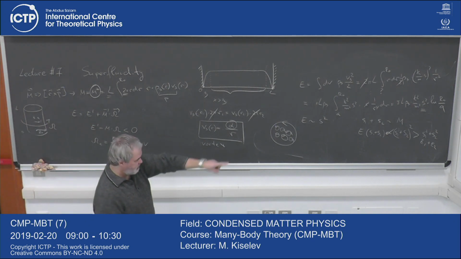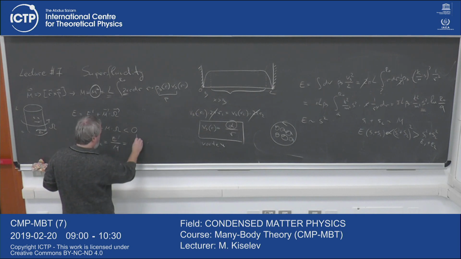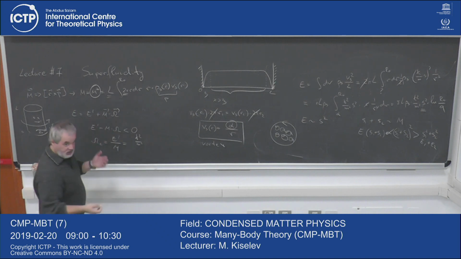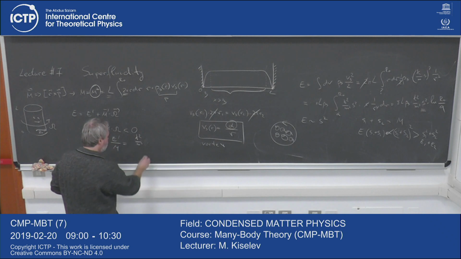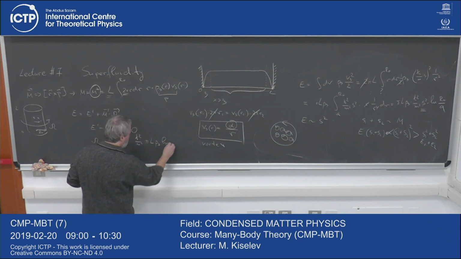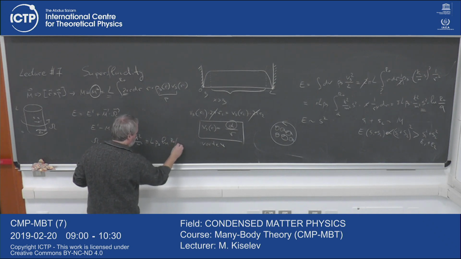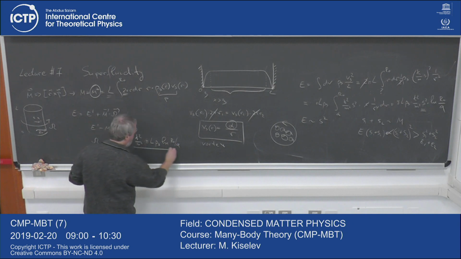So E prime is this energy. So this is h squared over m squared, and I will take s equal to 1, because we said that it's energetically unfavorable to create pi L rho s times logarithm r node over r. And this is what I have for the energy.